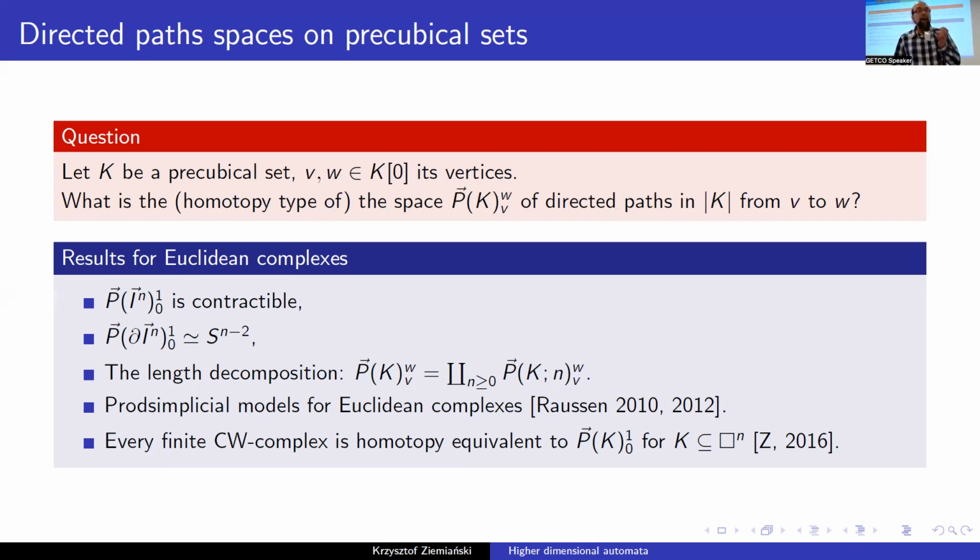And finally, I'd like to mention that you can get any space you want this way by taking a standard cube, removing some cells, and then looking for the space of directed paths. This way you can get any finite CW complex you wish.